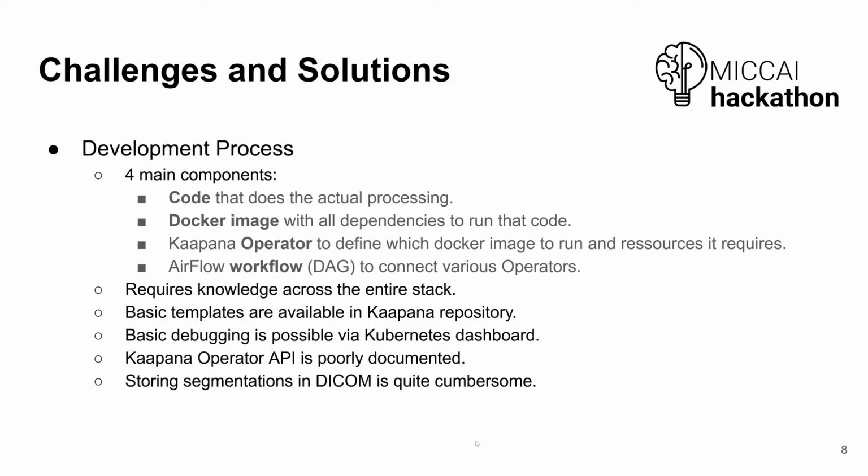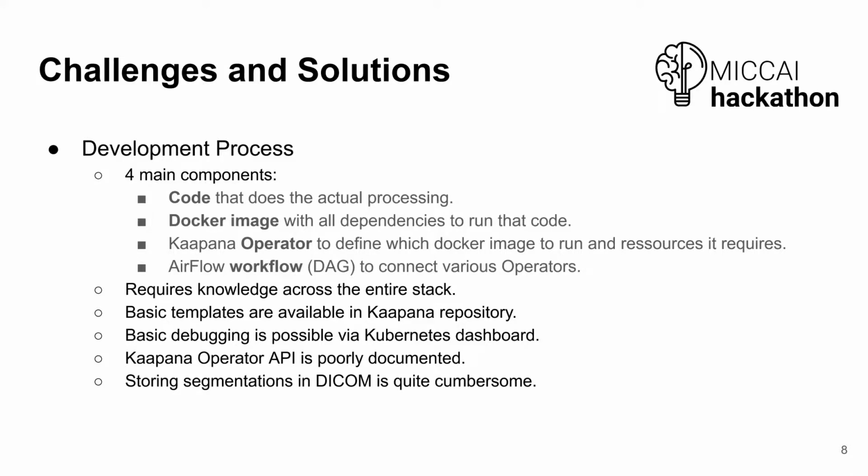And then once we set this up, there was this development process, how to integrate your own workflow or your own operators. As Fabian already mentioned, there are 4 main components. You need to write some code that does the actual processing you want to achieve. Then you need to wrap this code in a Docker image such that you have all the dependencies to run it.